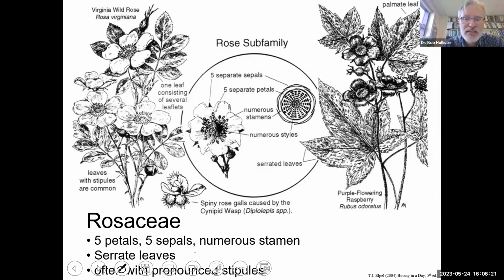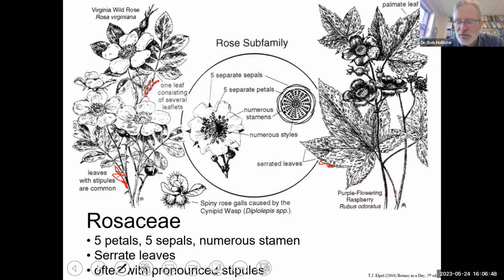Serrate leaves, lots of things have serrate leaves, but roses almost always do. But the stipules. So with each leaf here, this isn't the greatest picture, but there's a leaf and there's this weird thing coming off the leaf. This one doesn't have them. But roses really have these weird things coming off the leaves. Those are stipules. There aren't many things with stipules.